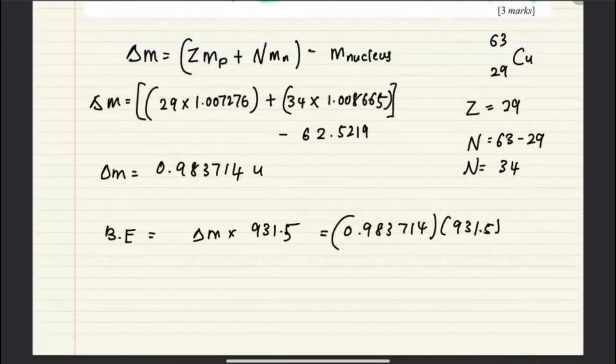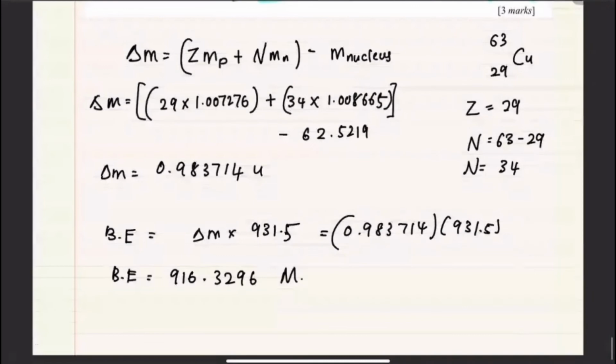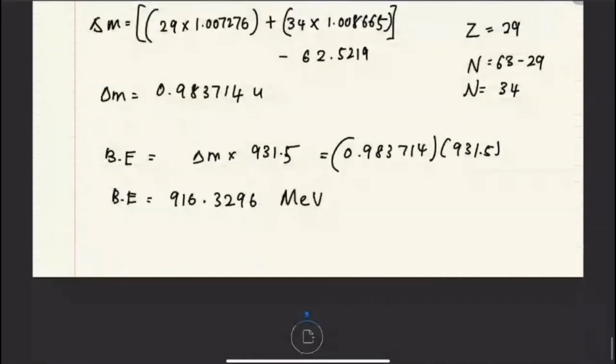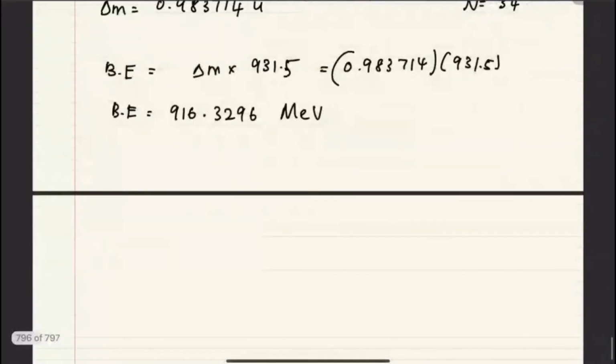You should get a binding energy of 916.3296. This is energy, so what is the unit? MeV. Don't write joule, because you calculated in MeV. When you calculate with U you get MeV.